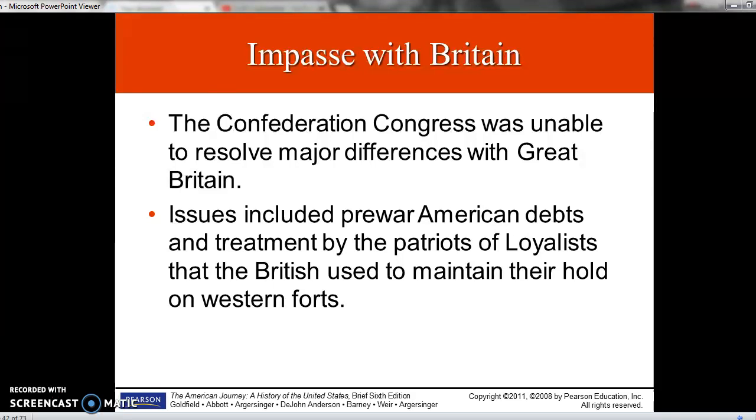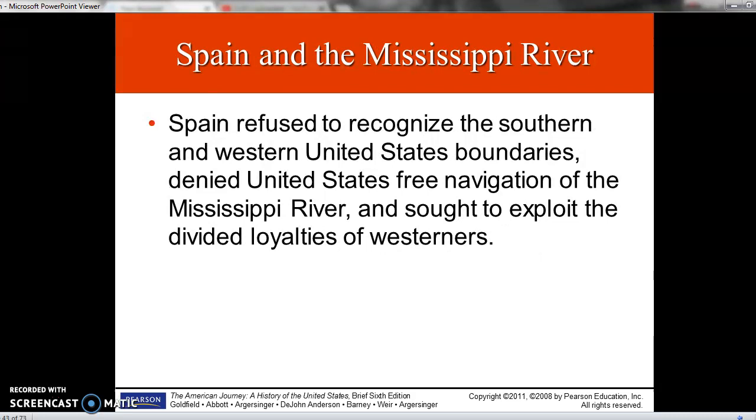Those are our two major problems with Great Britain. Spain refuses to recognize our southern and western boundary. They deny us free navigation on the Mississippi River, and the separatists out on the frontier, who don't want to be a part of America anymore, are trying to divide the loyalties of Westerners. So it's a big old craziness, and there's nothing we can do about it.